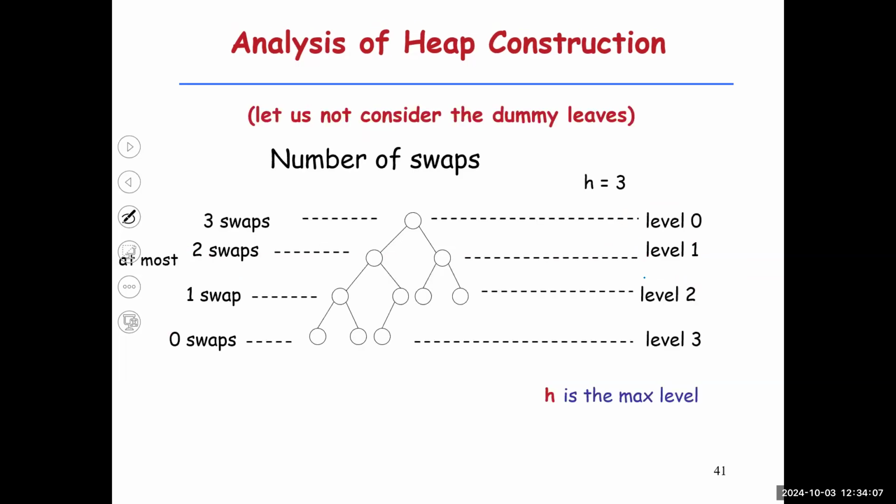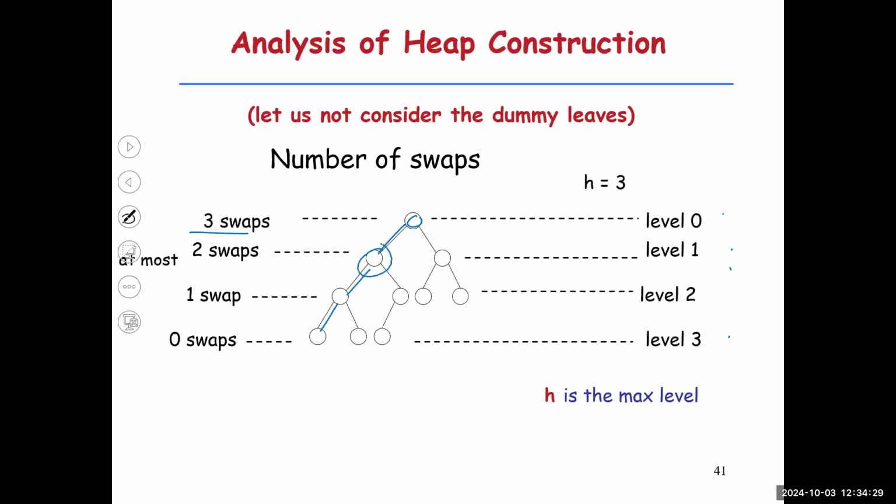So what is the idea here, guys? We have levels. What is the height here? Height is 3, correct? Focus with me a bit. The height is 3. What do we mean by this? Why do I need 3 swaps here? If I'm swapping here, what is the maximum number of swaps I can have? 1, 2, 3.